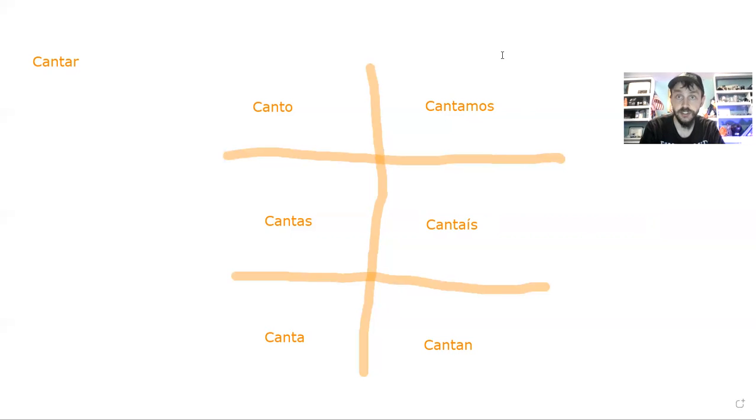Now, is the indicative present tense conjugations making sense to you? I bet not quite yet. You know what? We're going to try the verb tomar. We're going to go blue.